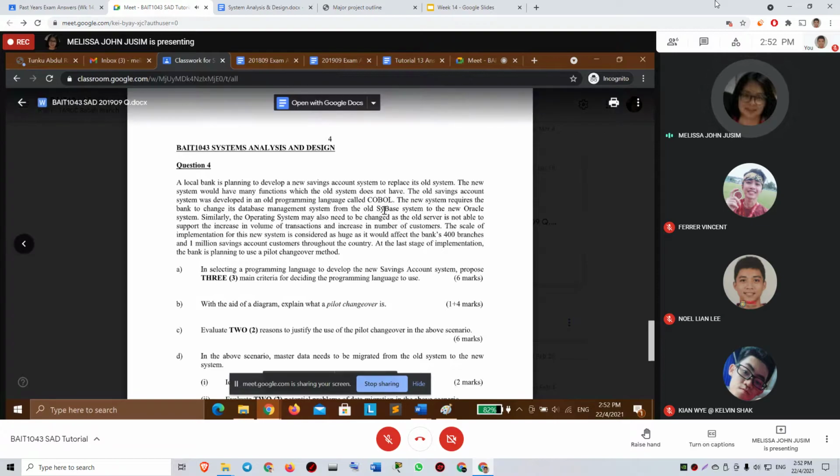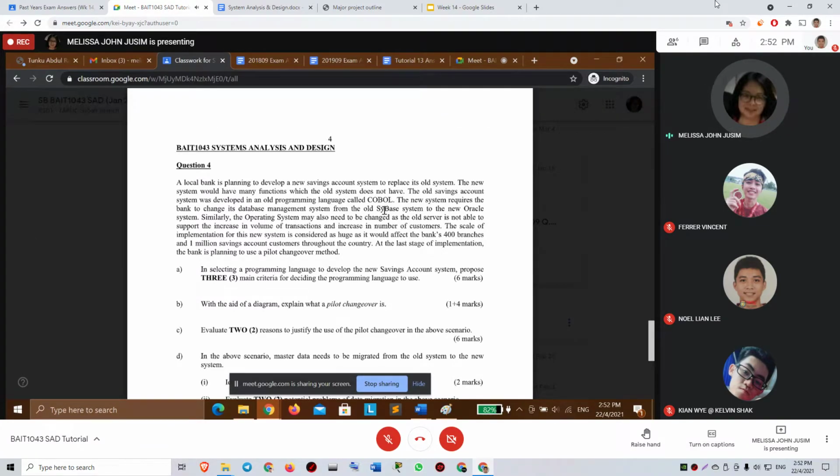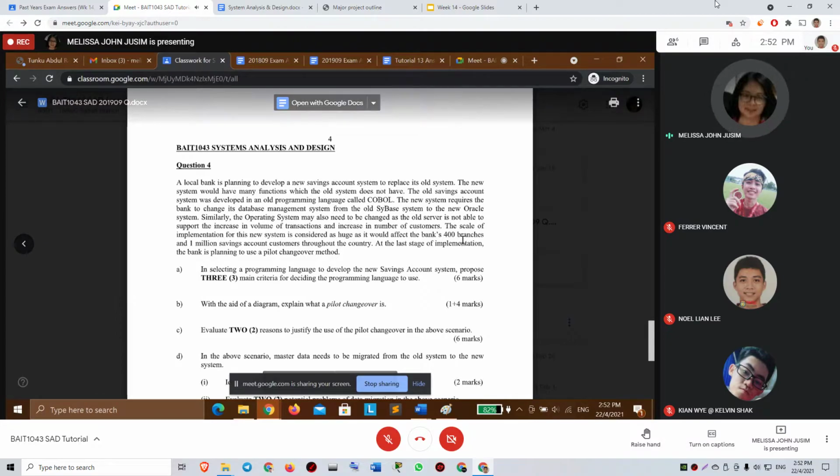Even the database, the DBMS, is different. The OS also needs to be changed. Okay, the scale of the implementation will affect 400 branches. So I think that's why they use the pilot changeover.